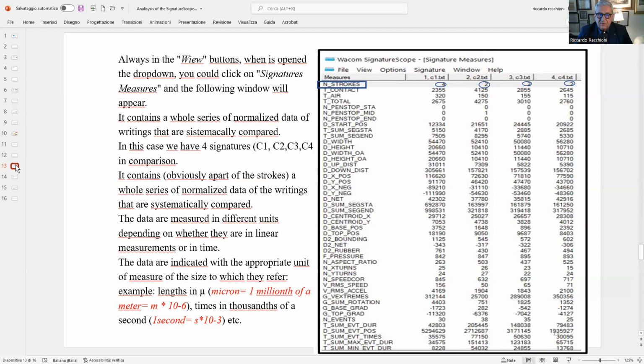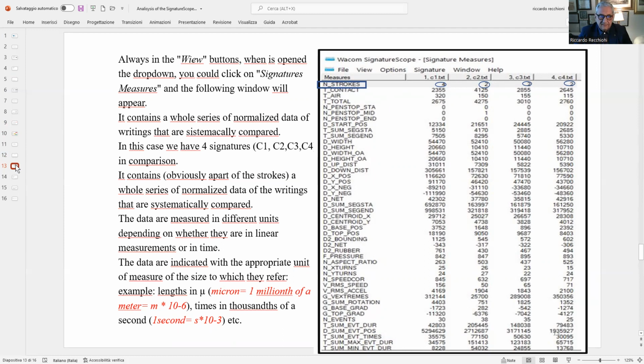The data are measured in different units, depending on whether they are linear measurements or time. The data are indicated with the appropriate unit of measure of the size to which they refer.